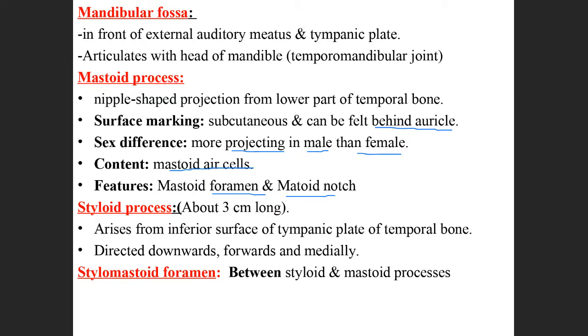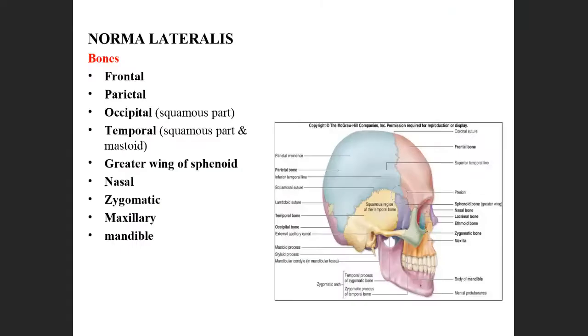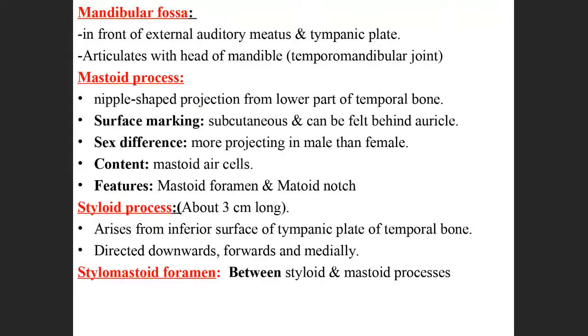It comes from the inferior surface of the tympanic plate of the temporal bone and is directed downwards and forwards, and then you have a styloid foramen. So where is it present? Between the styloid and mastoid process. I'll show here somewhere. So we'll see in the next photo.